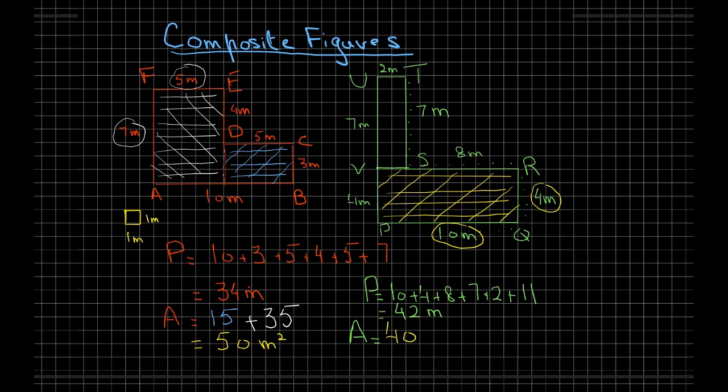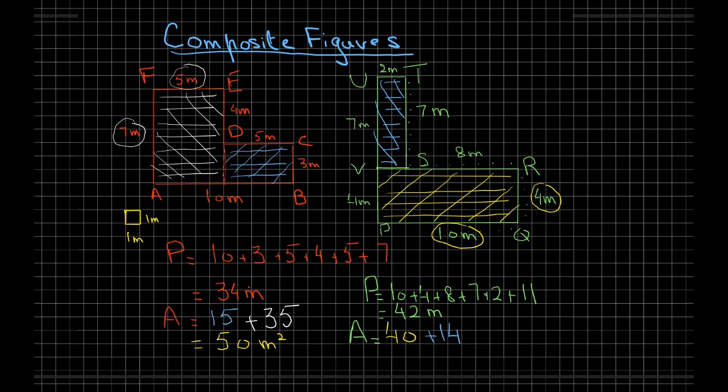Okay, so I have the yellow area, and now let me try to get the blue area. So here's the blue area, and now note the rectangle VSTU is a rectangle which has 2 squares in the first row, 2 squares in the second, 2 squares in the third, 2 squares in the fourth, 2 squares in the fifth, 2 squares in the sixth, and 2 squares in the seventh, which means it has 7 twos, and you know that 7 twos are 14.